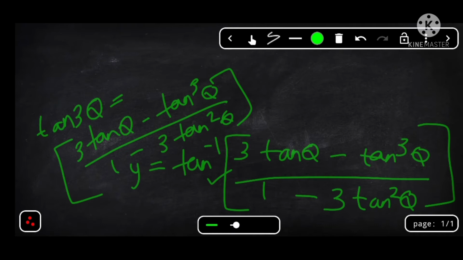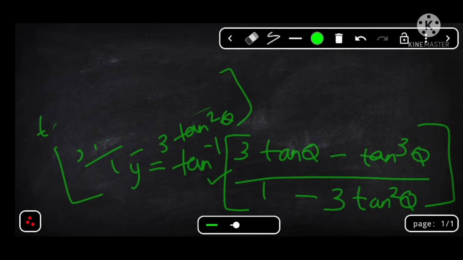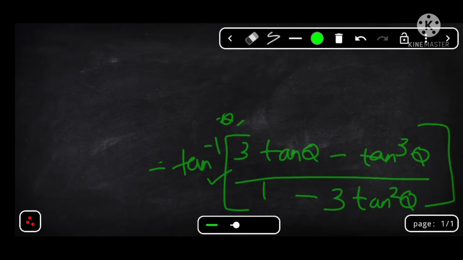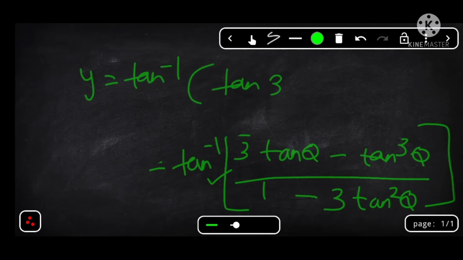So both are same, right? Yes. So we can just replace the whole thing as tan 3 theta. So y equals tan inverse of tan 3 theta, and tan inverse of tan will cancel. So this is 3 theta.